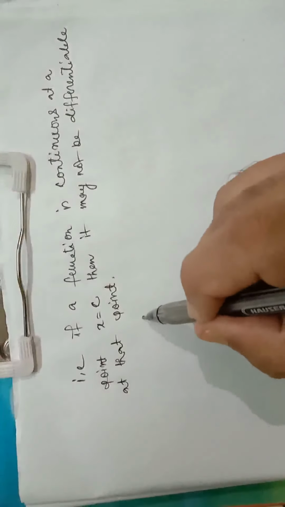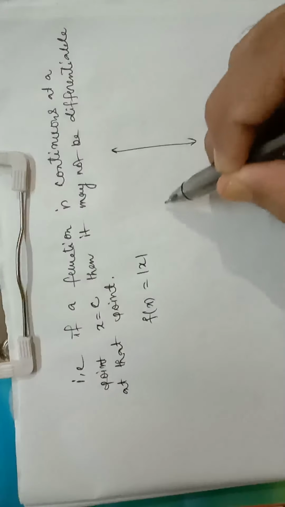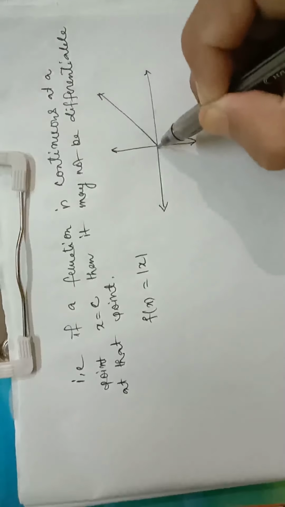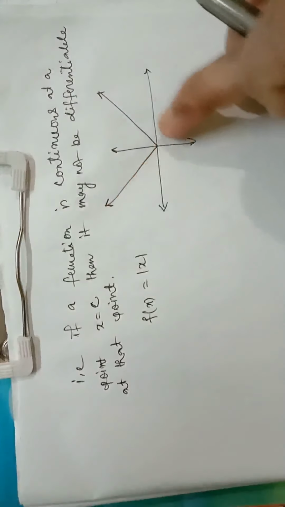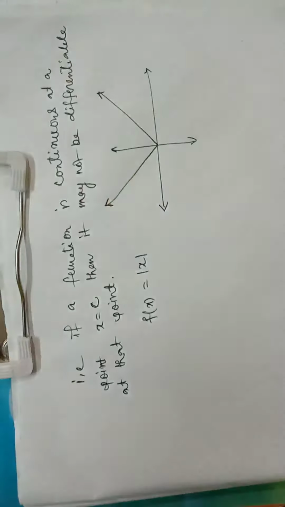Let us take one example. Suppose f x equal to modulus of x. If we draw the graph of f x equal to modulus of x, this will be V-shaped at the origin. You can see there is no break in the curve. This is continuous at all points.